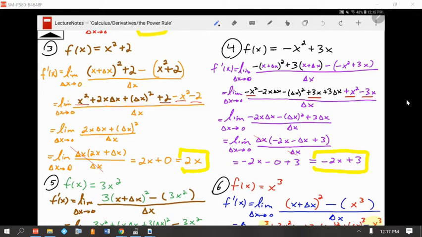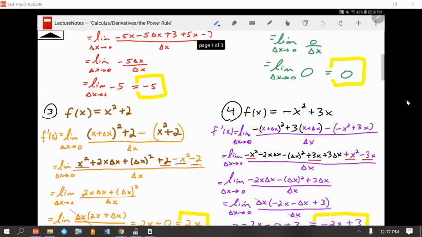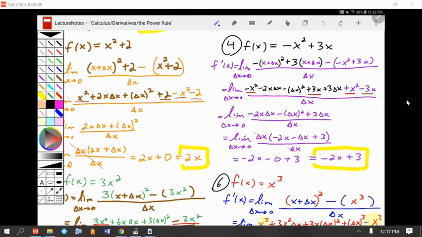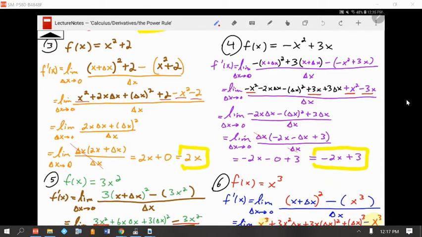So if you think about what we just said about problem 2, the constant on question 3, the plus 2 at the end, x squared, its derivative is 2x, because we saw that in the other video. And then the derivative of 2 was 0, because we saw that on problem 2. So once you get down to this last step where you plug in 0 for delta x, you just get 2x plus 0.